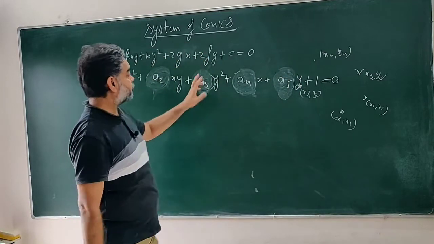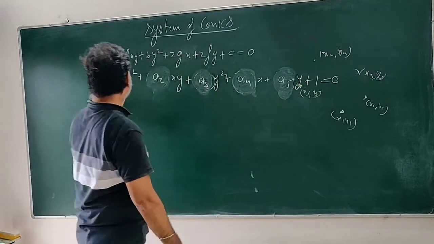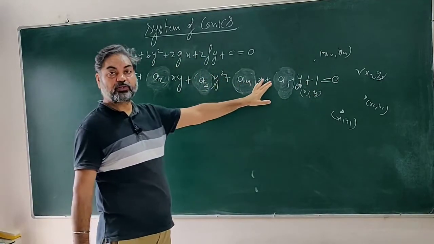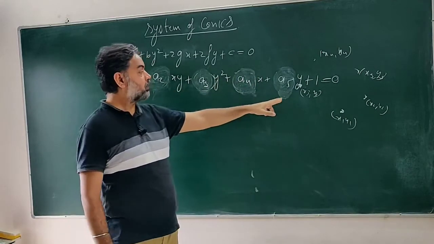Then if this conic passes through (x1, y1), you put x equal to x1 and y equal to y1, and you get one equation in A1, A2, A3, A4, A5.